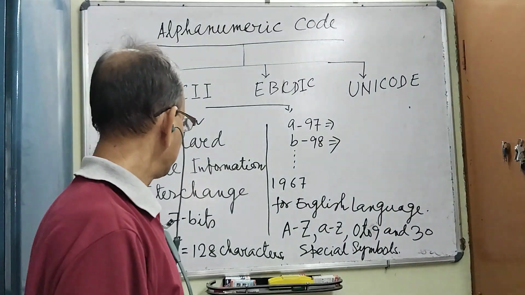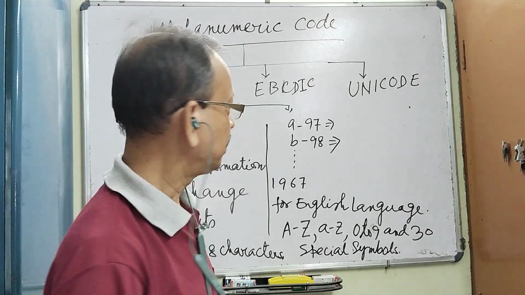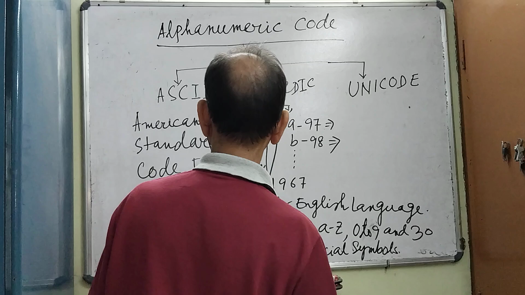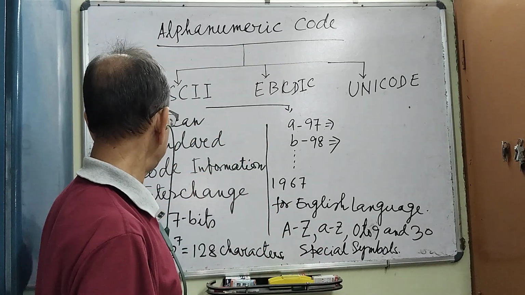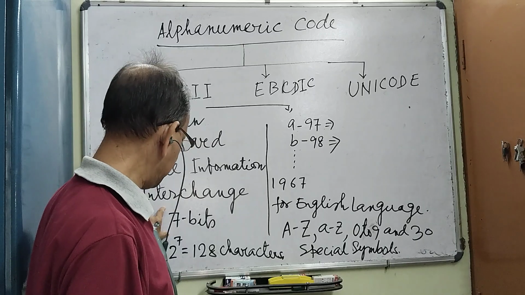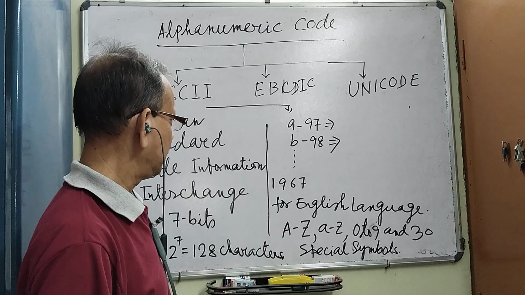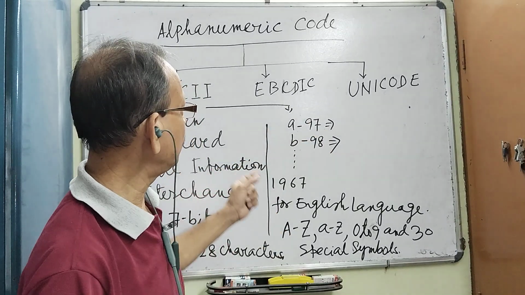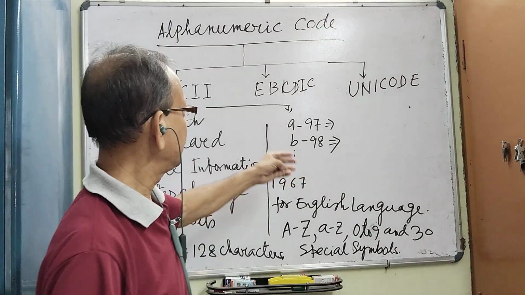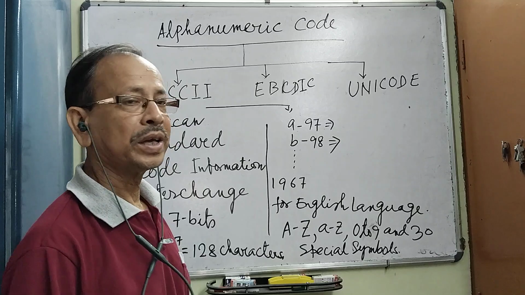So another code was developed. So American Standard Code for Information Interchange is 7 bit. It can represent 128 characters, with A for 65 decimal value, B for 66, small a 97, small b 98, in this way.